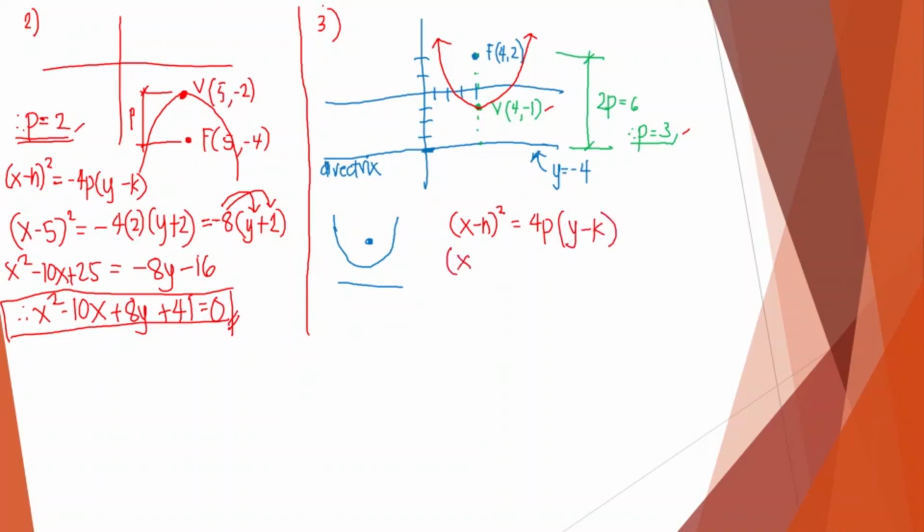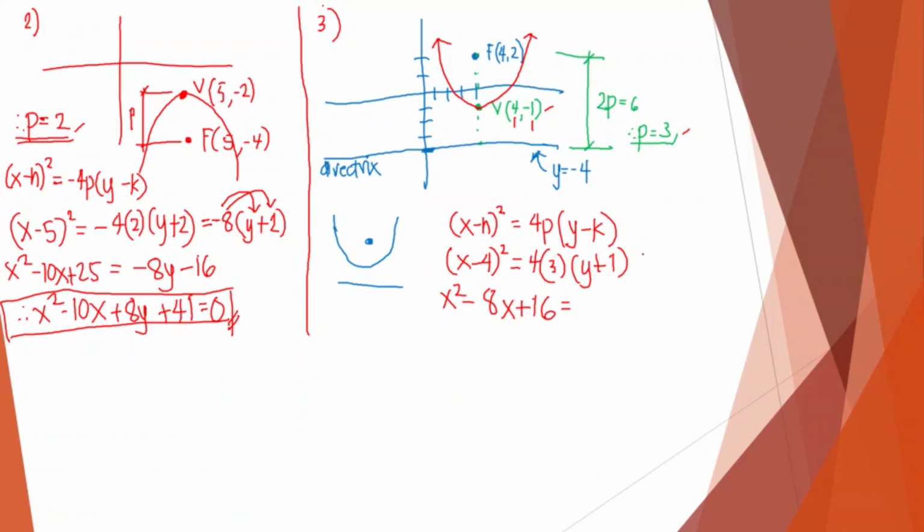So we have x, then our h is 4, so (x - 4)^2 = 4 times p, which is 3, then y, and our k is negative 1, so this is (y + 1). We expand this: x^2 - 8x + 16.